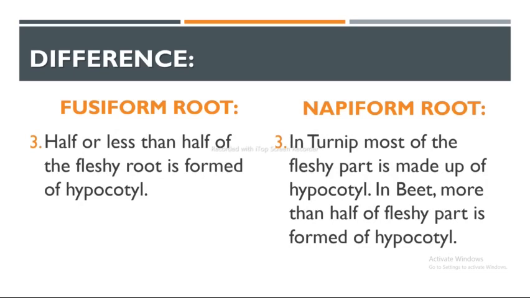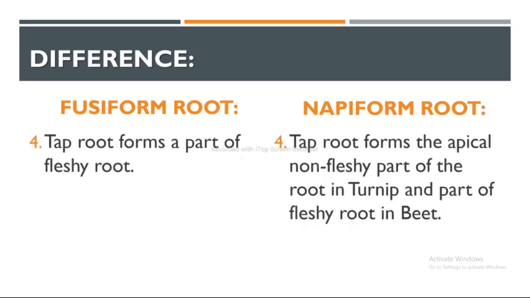Fusiform root: half or less than half of the fleshy root is formed of hypocotyl. Napiform root: in turnip, most of the fleshy part is made up of hypocotyl. In beet, more than half of the fleshy part is formed of hypocotyl. Fusiform root: taproot forms a part of the fleshy root.